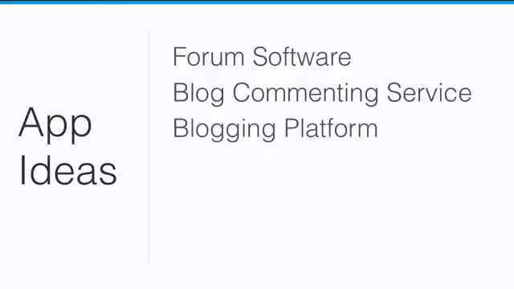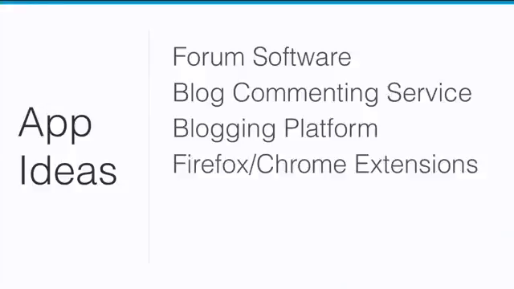You can write a blogging platform, similarly, that also accepts posts from authors. If you're writing Chrome extensions or Firefox extensions, this is a great way to use the SDK. You can talk directly to DynamoDB to store large amounts of data, or S3 to store files.